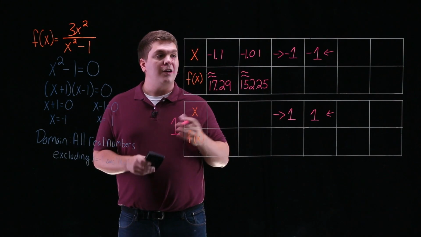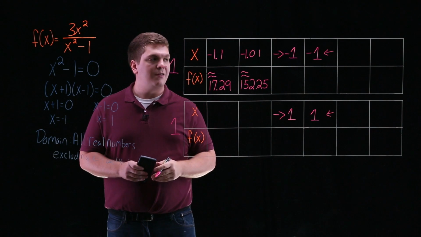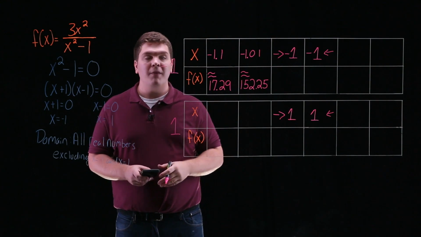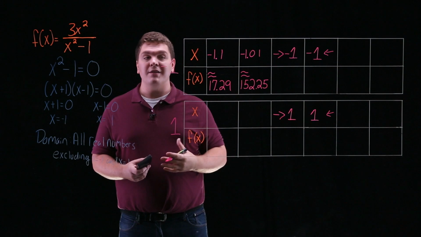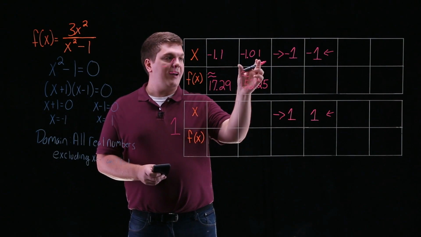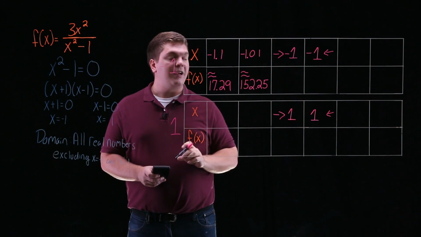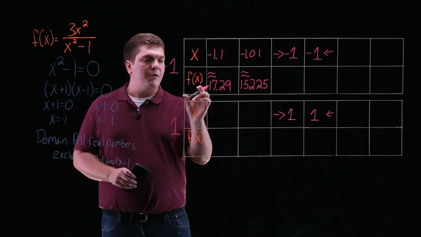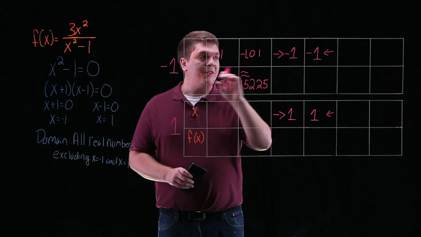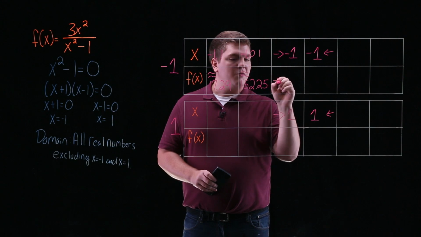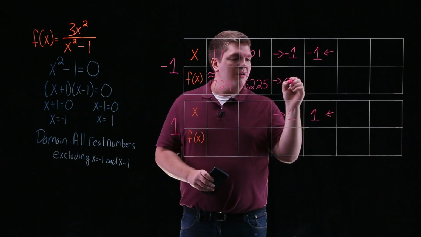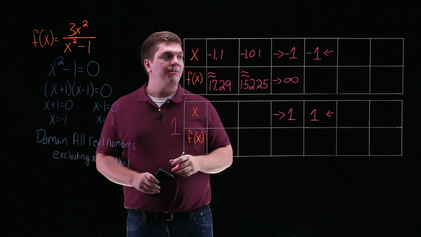If you wanted to take this a couple steps further, you could evaluate at negative 1.001. What you'll see is that the function values keep increasing without bound as these x values get closer and closer to negative 1 from the left. So we would say that as x approaches negative 1 from the left, our function approaches infinity. It increases without bound.